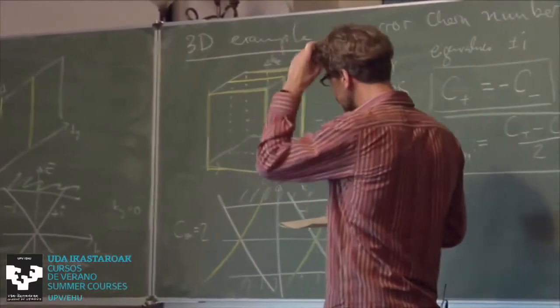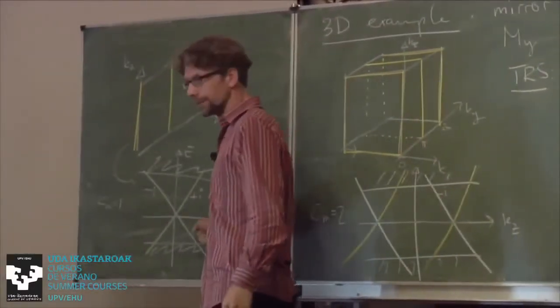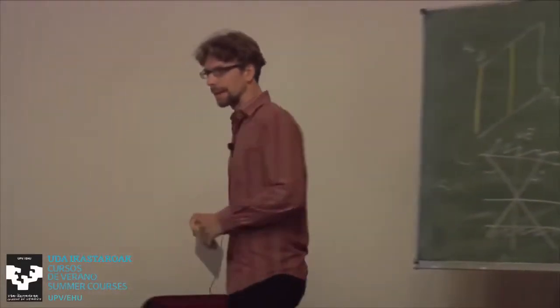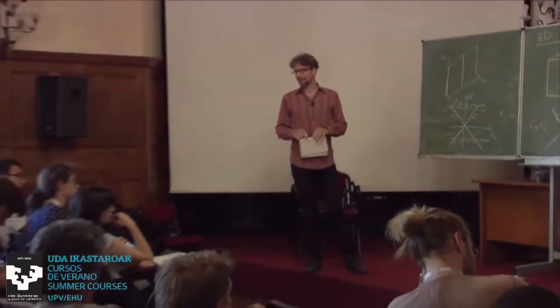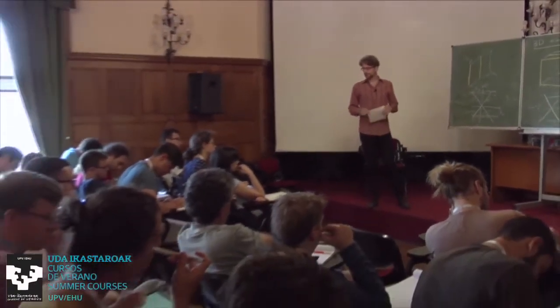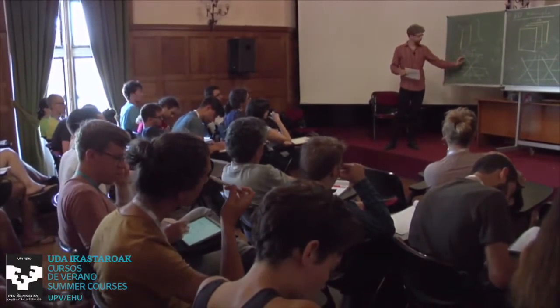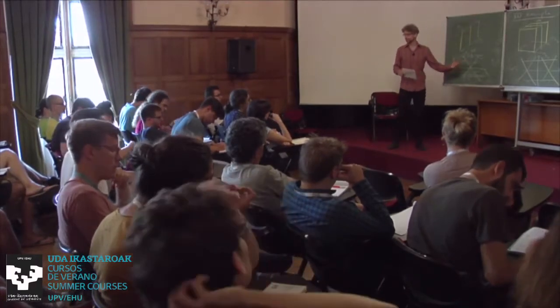Now, if I have time reversal symmetry and mirror Chern number 1, what do I have? So the question is, how would you close this electronic structure up in 2 dimensions?